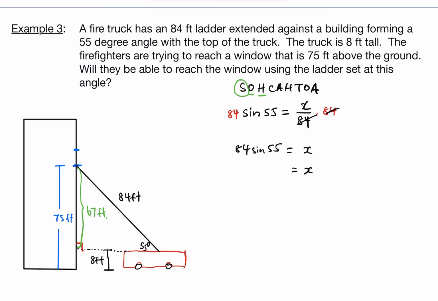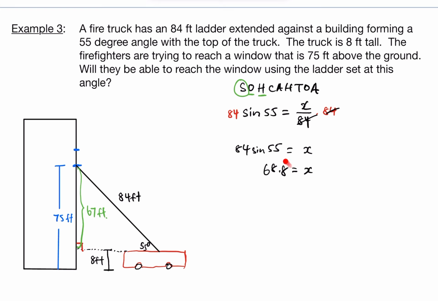If we punch that into the calculator, we find that the sine of 55 times 84 is equal to 68.8 feet. So at this angle, the ladder will reach 68.8 feet from this elevation.